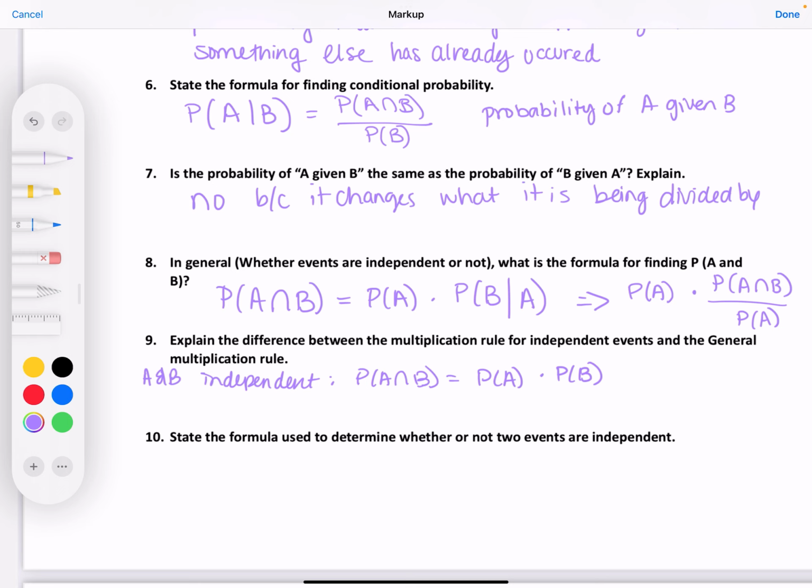If they're not independent, then the probability of A intersect B is equal to the probability of A times the probability of B given A. So much like the general addition rule, the general multiplication rule, when they're not independent, will also always work. Even if they are independent, this formula still works. So in a lot of respects, it's easier just to memorize this general one and use it.